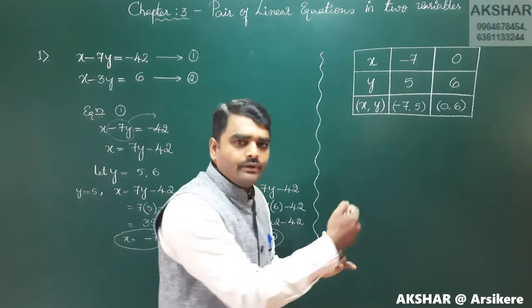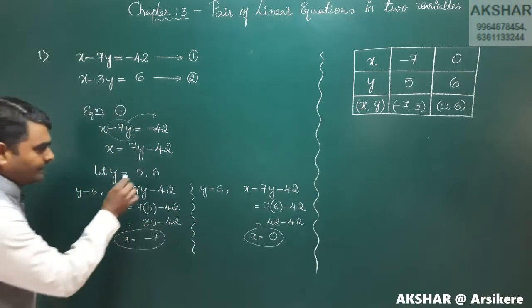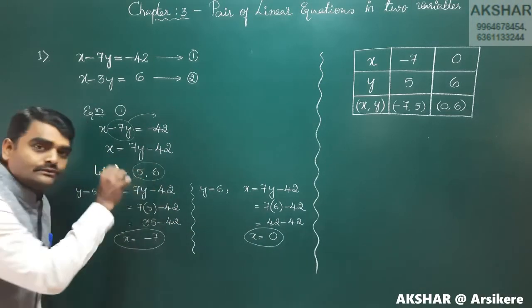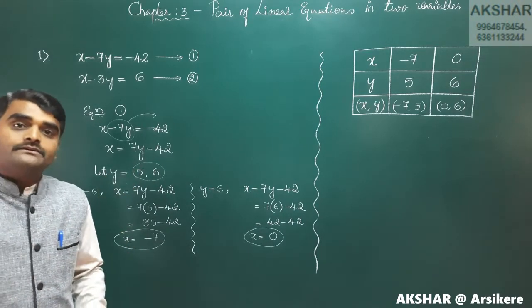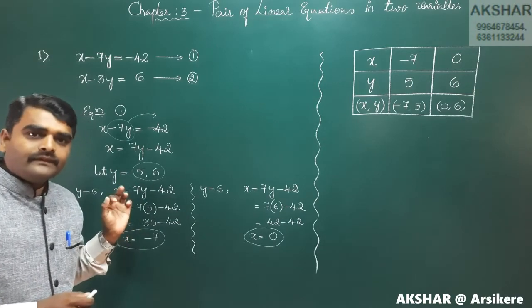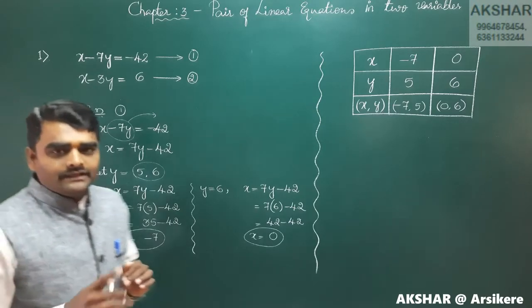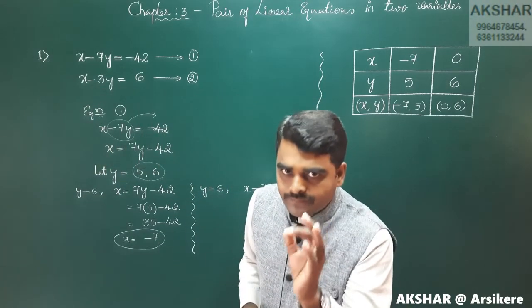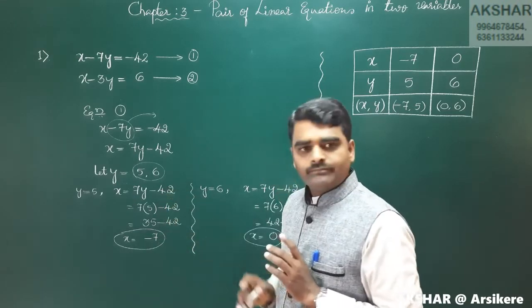Okay, before going to that, my dear children, I go back to here. Sir, why do you assume only 5 and 6? Why can't 0, 1, 2, 3, 4 and negatives also be there? Yes, this doubt has arisen in your mind. My dear children, listen carefully and observe carefully. Here is 42, right?